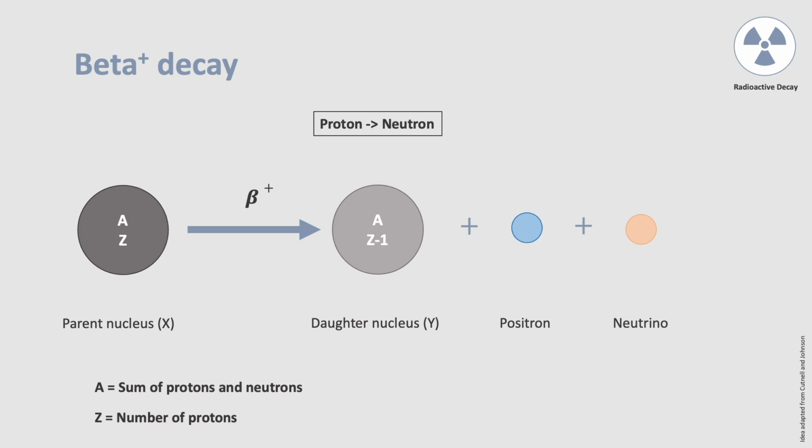You can see this here because A, number of particles, has stayed the same, whilst Z, number of protons, has now decreased by 1. During the beta plus decay, a positron and a neutrino are emitted from the parent nucleus. The emitted positron is our main player for the PET scans, hence the name positron emission tomography.